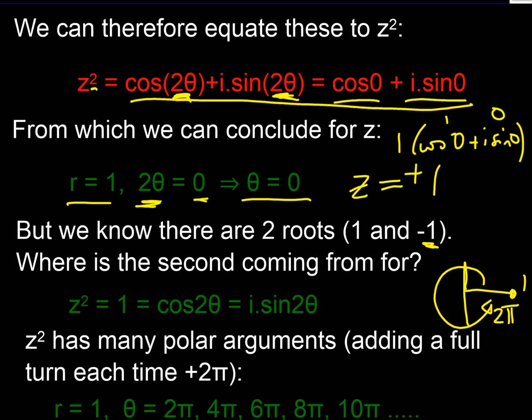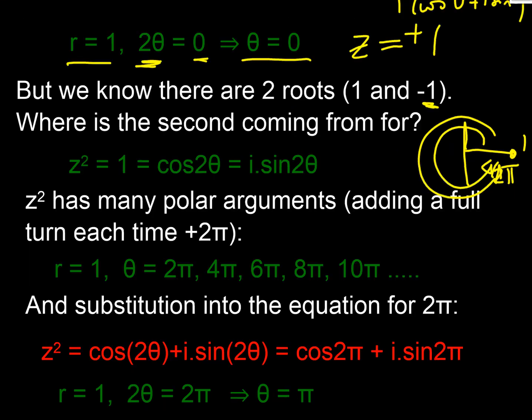An argument of 2 pi. And then we could go round again to 4 pi and we come back, and 6 pi, etc. So actually we've got a large number of solutions here, because not only could our angle theta be 0, but our angle could also be 2 pi, 4 pi, 6 pi, 8 pi, and 10 pi, yeah?